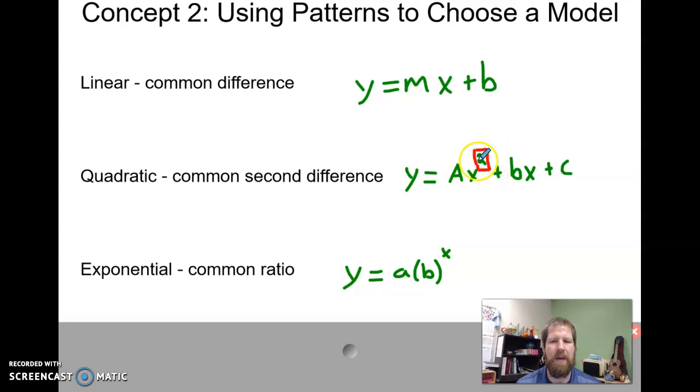And that amount that we are increasing or decreasing by the second time, the second difference, because of that squared, is going to tell us that we should use a quadratic equation to model our data.